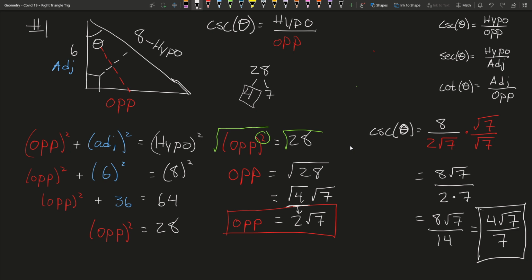Does that clear it up at all, or does that not make sense? Again, when we're simplifying radicals, we're trying to factor out perfect squares from what's underneath. And the square root of a perfect square is just a number, right? The square root of 4 is just 2.